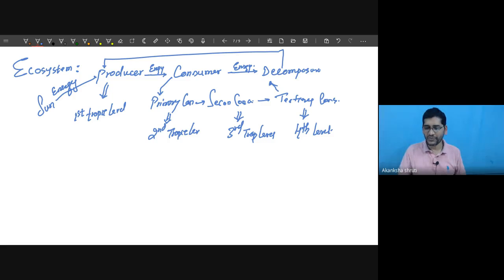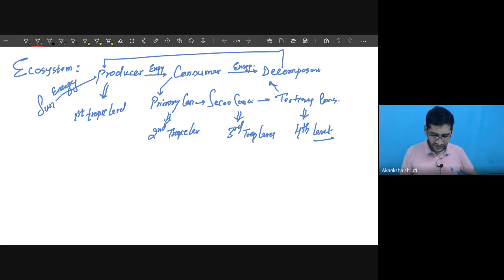Only these are the trophic levels that we are considering. Decomposer is just connecting backward, so it is not considered in any of the trophic levels. So different trophic levels and different food chains called detritus are considered. Or sometimes the decomposer is also placed in this fourth trophic level itself.